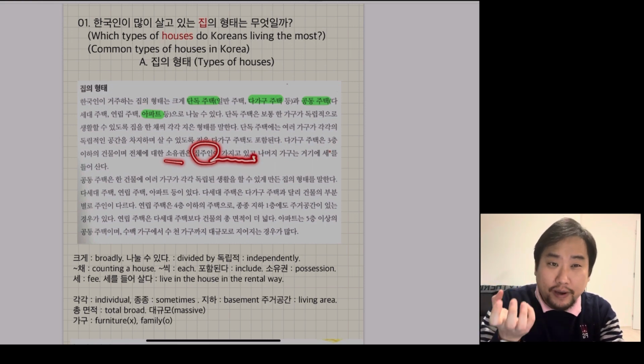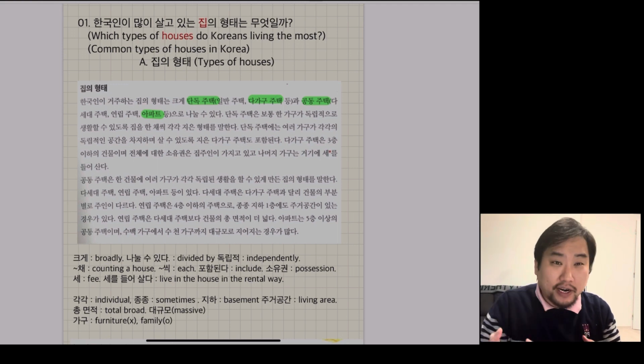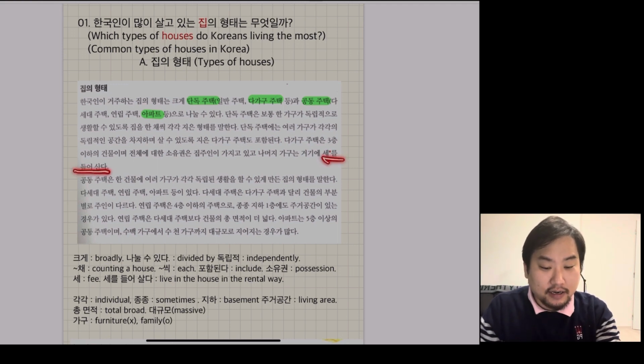Even if there are so many families living in the one house, the ownership should be one person. 나머지 가구, other families, 거기에 세를 들어 산다, 세 meaning the fee or money.